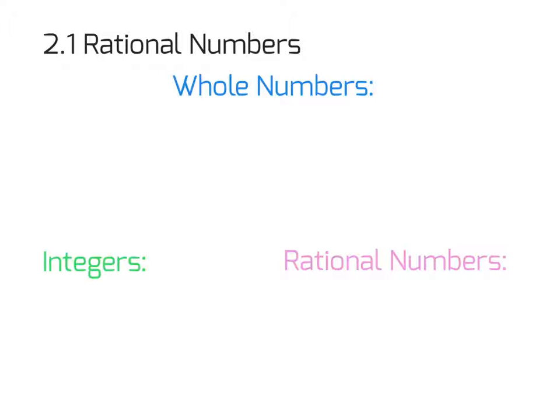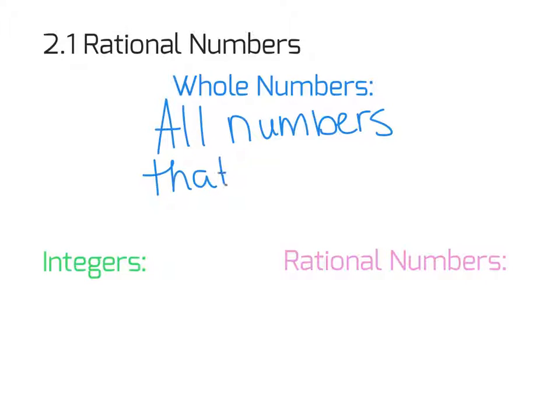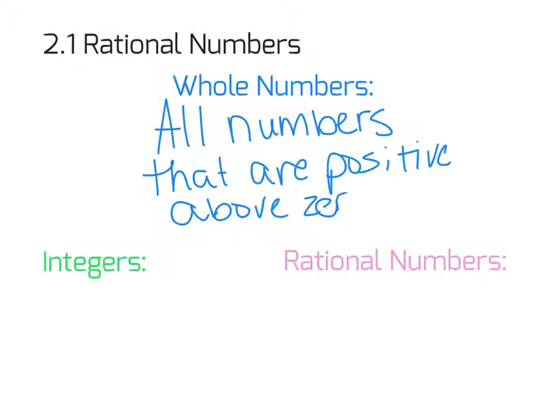And remember, those are all numbers that are positive, above 0, like 1, 2, 7, 100, and all of those numbers. Okay?